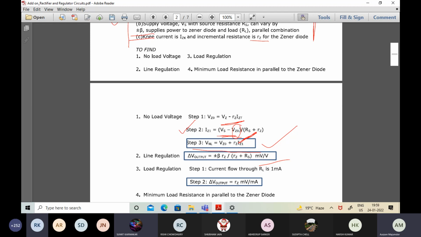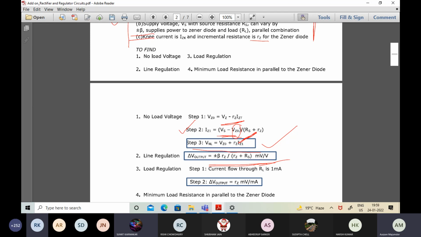This formula is trying to give you an idea about what is the amount of change that you can expect to encounter across a Zener if there is a change in the source. So that has been clearly mentioned in this formula.